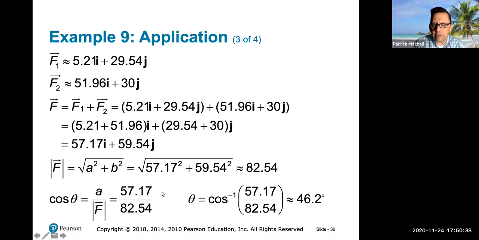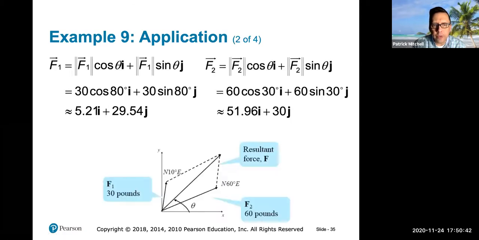Let's back up here for a second and show you why this is. So here is the angle theta. If I drop a line from here all the way down to the x-axis, the adjacent side to this angle would be the i component of the vector we just found.